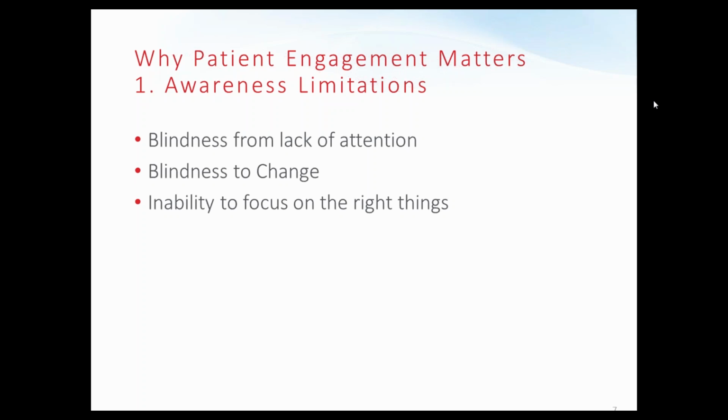The second is blindness to change, which is failing to notice obvious changes in our environment when they happen to occur slowly or gradually. And the third one that I wanted to highlight is the inability to focus on all of the right things. It might be a tendency to focus too much on a particular event and not see other events that are occurring because they're happening at the same time.